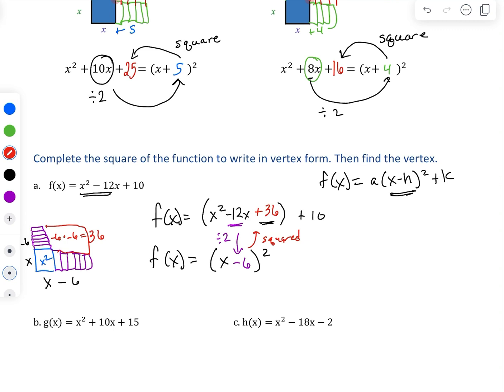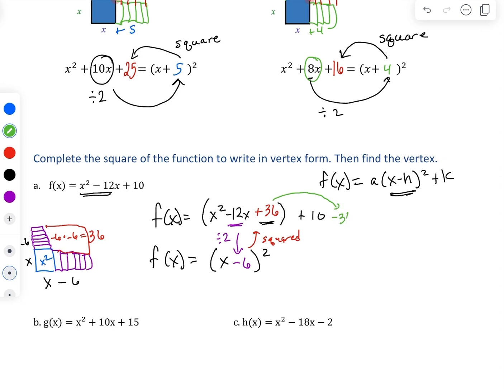Now we can see, and I'm using different colors to really point this out, that this is going to be different, like we've just added something extra in this equation. So to balance it out, I added 36, and I want that in the parentheses because x squared minus 12x plus 36 equals x minus 6 squared. I need to write those equivalently.